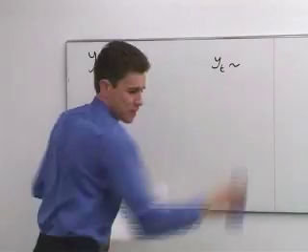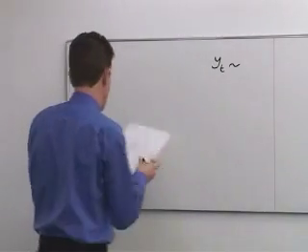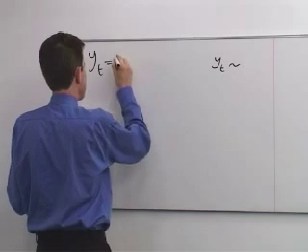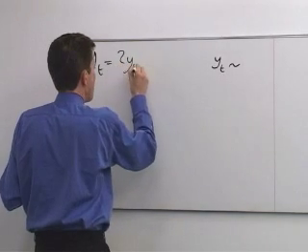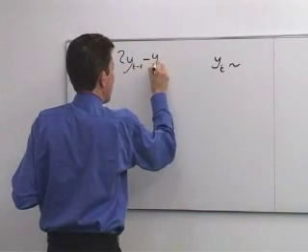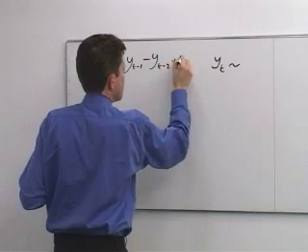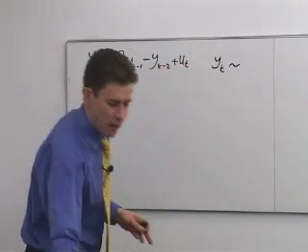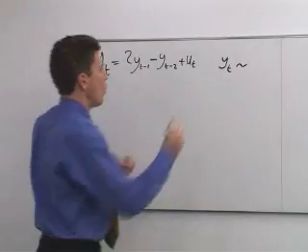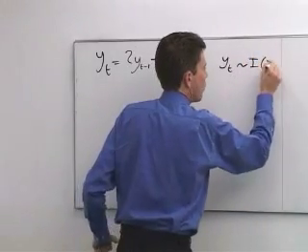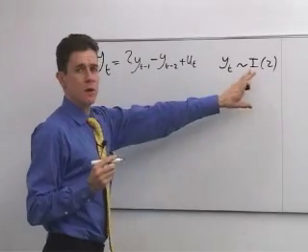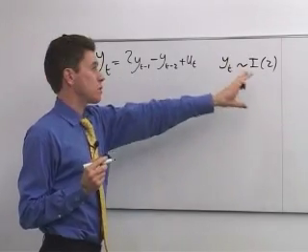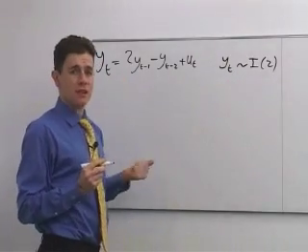An I2 process we may be able to write as yt equals 2 yt minus 1 minus yt minus 2 plus ut. And it turns out that in that case, yt is integrated of order 2. In other words, we need to apply the first difference operator twice in order to get a series that's stationary.